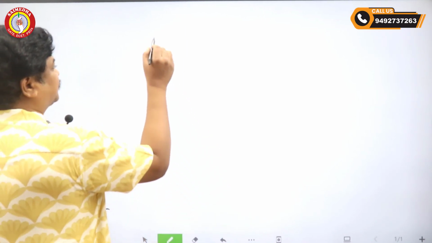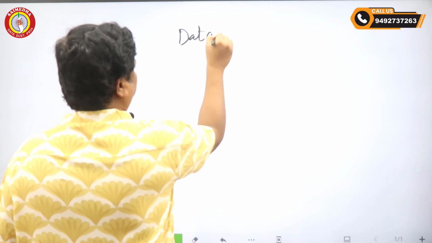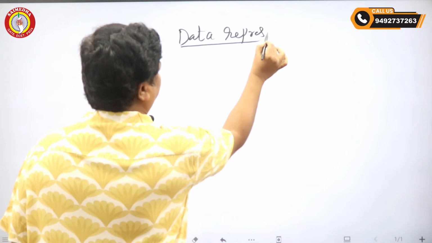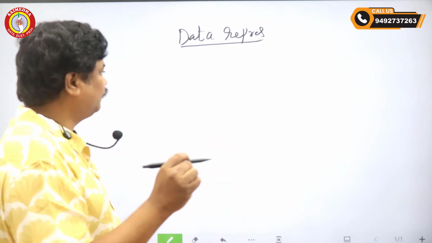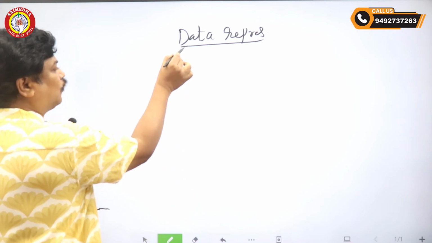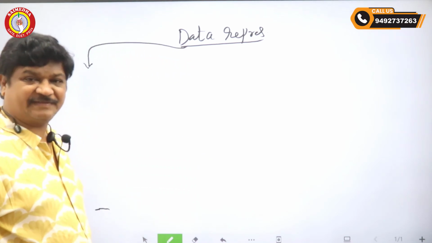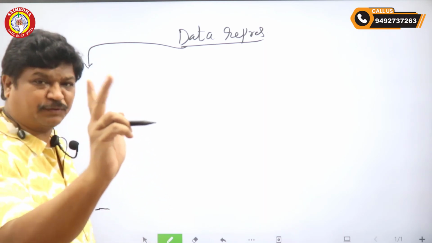So the next topic is data representation. What is that? Data representation. In this data representation, we have basically 2 types.